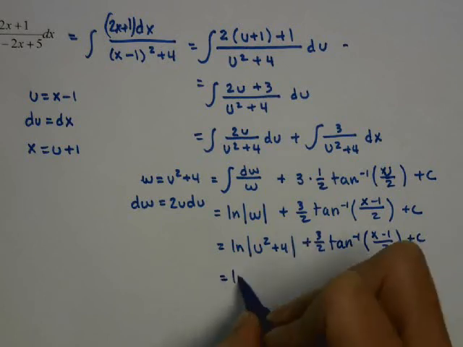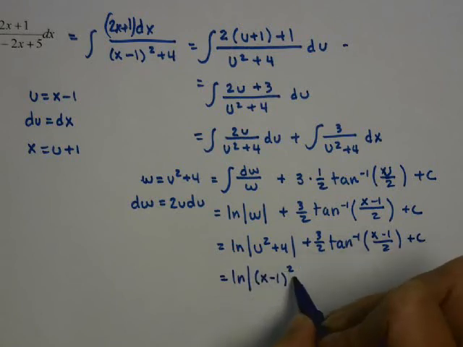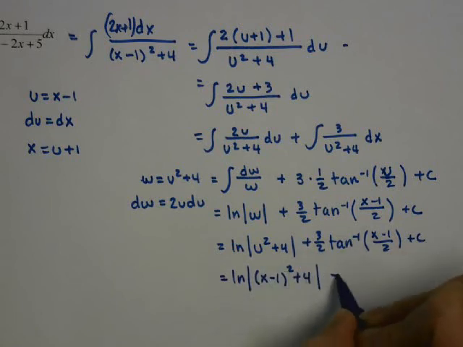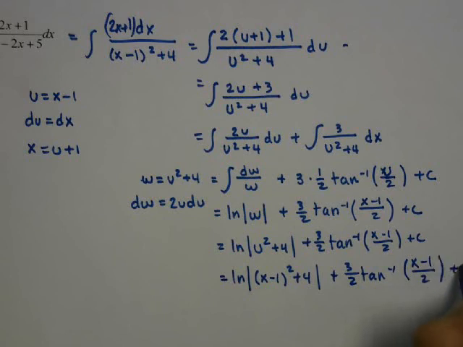So u is x minus 1. And copy all the rest down. So that was a sort of complicated one, but it just involves a lot of the different techniques all in one problem. So that is integrating with inverse trig functions.